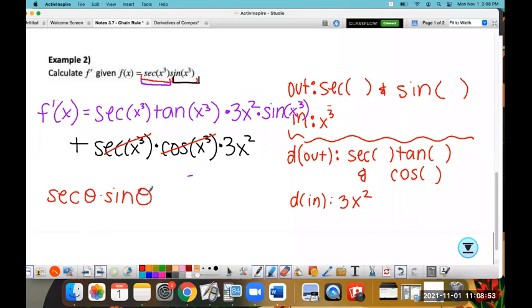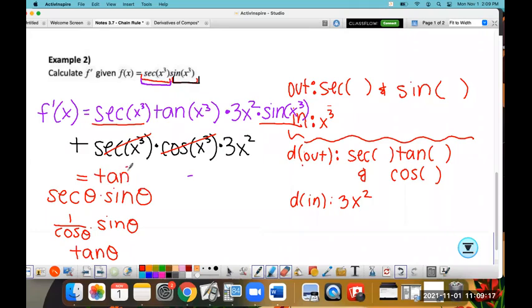Sine theta, that's really 1 over cosine times sine, which as Alex said would be tangent. So if I'm rewriting that as tangent, I'm going to have a tangent x cubed times tangent x cubed, so that would become a tangent squared. Plus that plain 3x squared at the end.